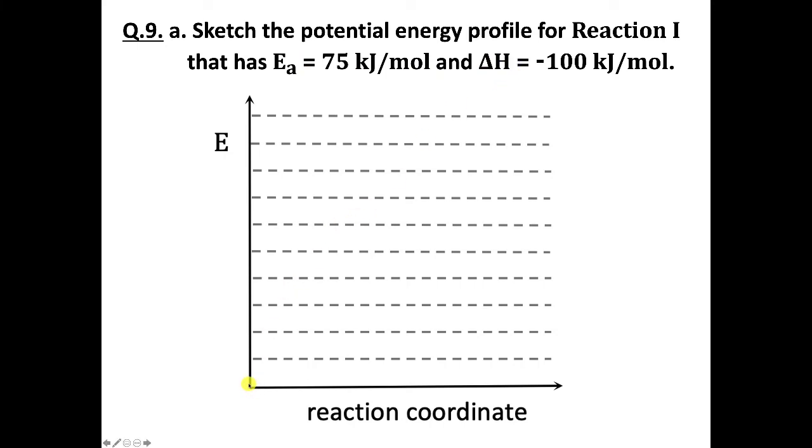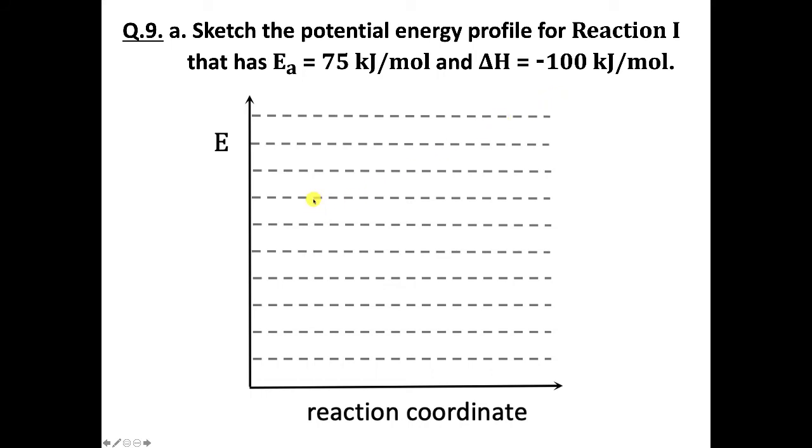Here is our x-axis reaction coordinate as we move on the left from reactants to the right as products, and vertically energy is going up, and so high potential energy at the top, lower potential energy at the bottom. So see if you can sketch what the potential energy profile for this reaction would look like given the E sub A and delta H shown.